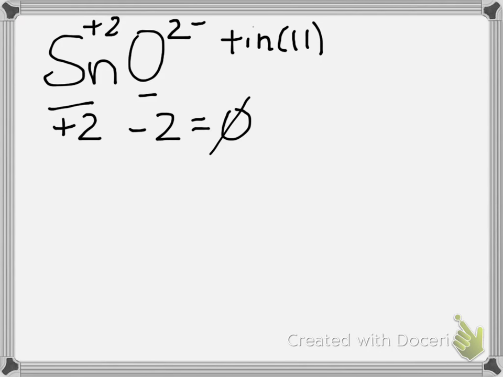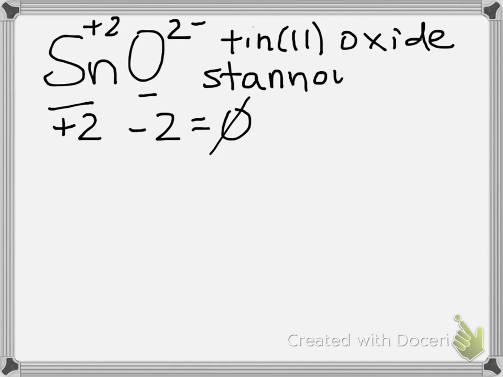This is tin 2 oxide. And the Latin root on your helper sheet for tin is stann. This is the lower of the 2 charges because there's a +2 and a +4 on your helper sheet, so this is stannous oxide.